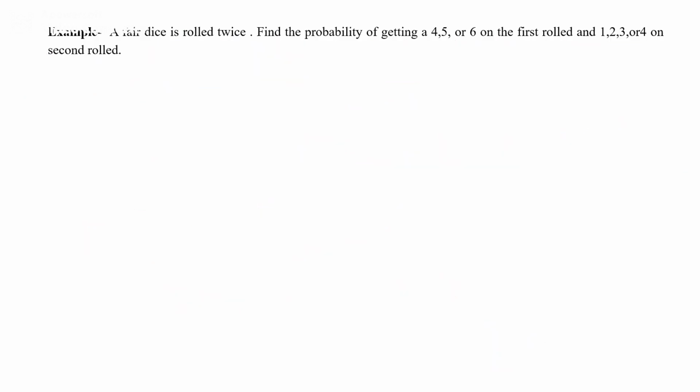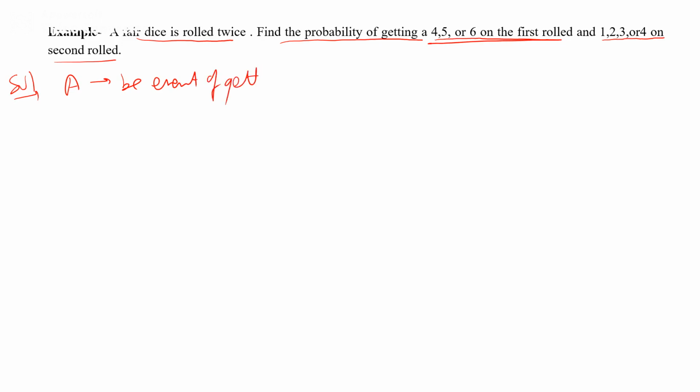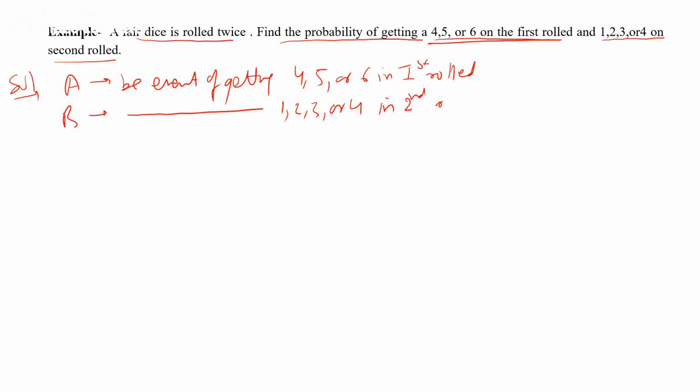The next example: a fair dice is rolled twice. Now find the probability of getting a 4 or a 5 or a 6 on the first roll, and a 1 or a 2 or a 3 or a 4 on the second roll. So here we consider two events. Event A is the event of getting 4, 5 or 6 in the first roll, and B is the event of getting 1, 2, 3 or 4 in the second roll.